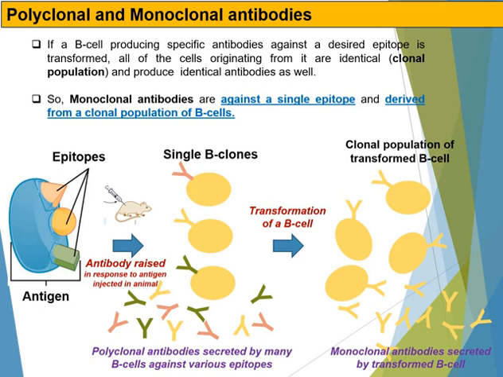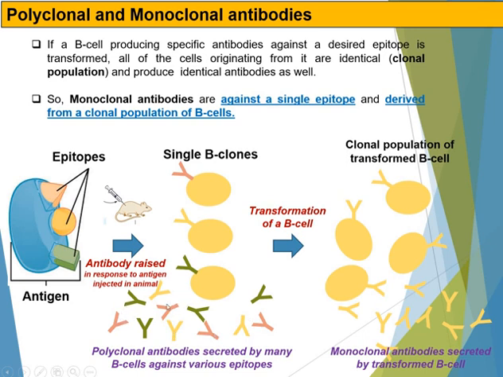When you inject this antigen into mice, or any other animal, maybe human, antibodies are raised against different epitopes, right? So numerous B cells make different kinds of antibodies, and these antibodies combinedly are known as polyclonal antibodies.